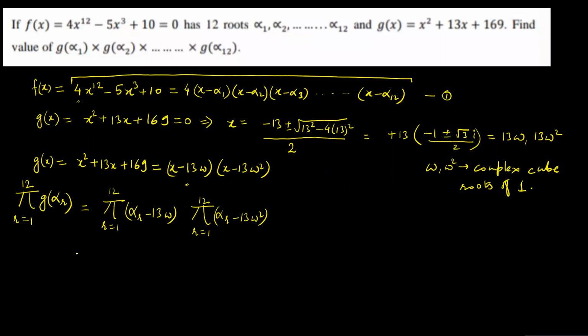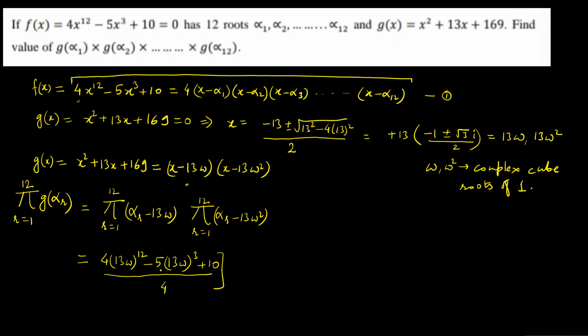Now using equation 1, we can say that this product is equal to 4 times, now instead of x, we need to put 13 omega. So this will become (4 (13 omega)^12 - 5 (13 omega)^3 + 10)/4.